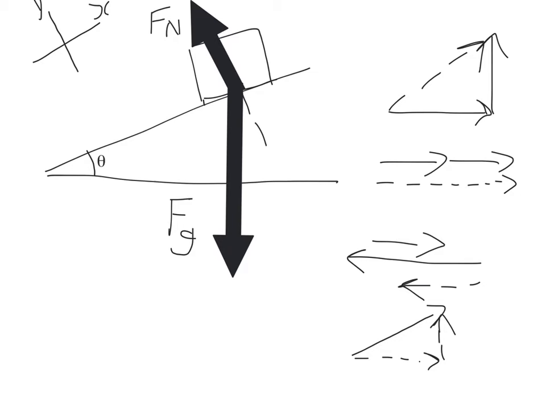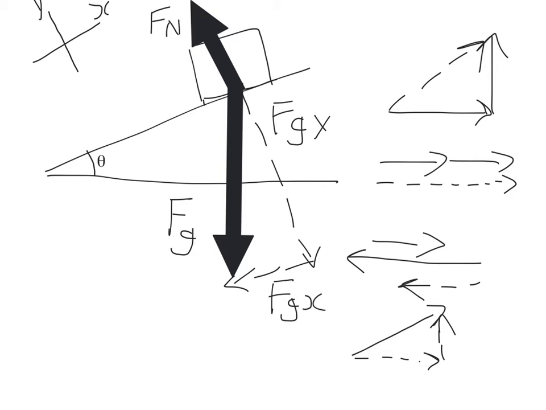This is our vertical. This is our horizontal. We're going to call this one FGY and this one FGX. And right in here is a 90-degree triangle.